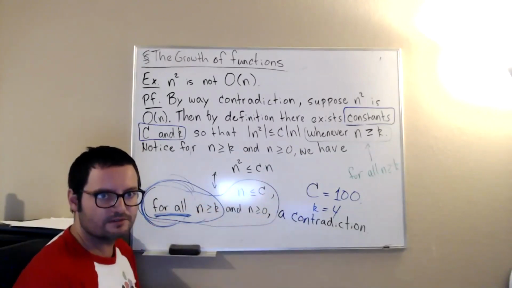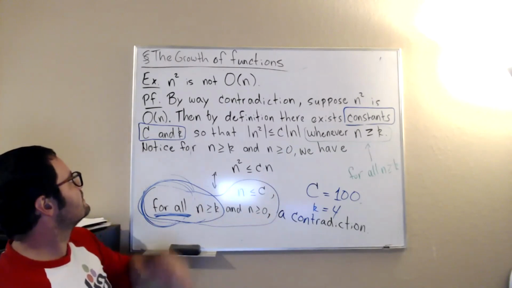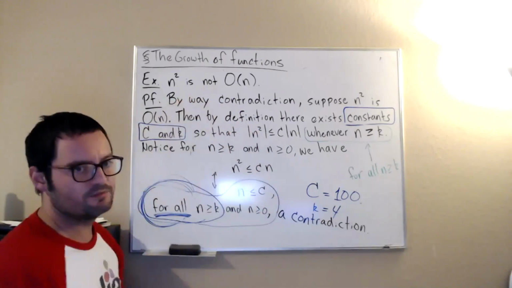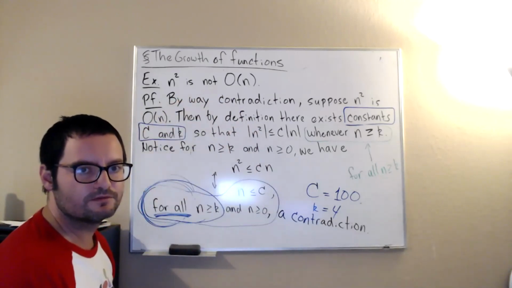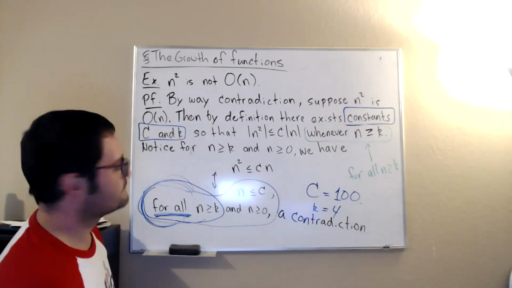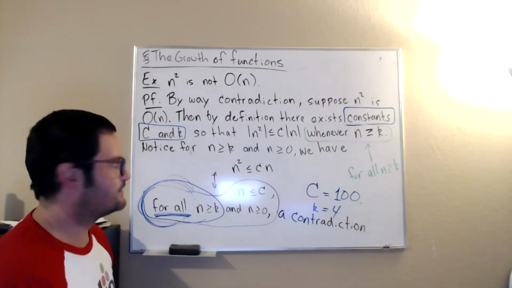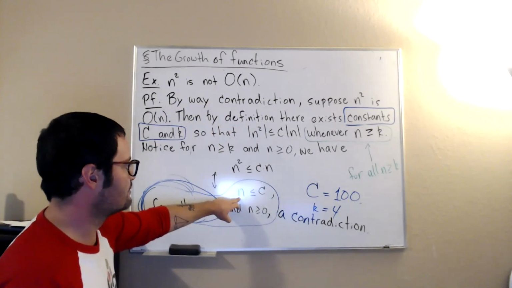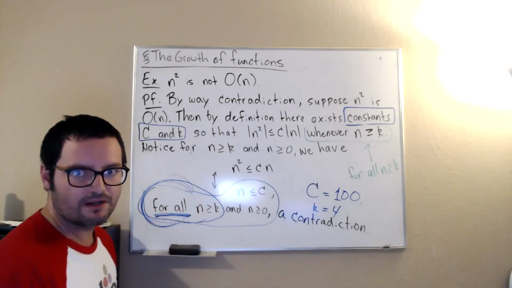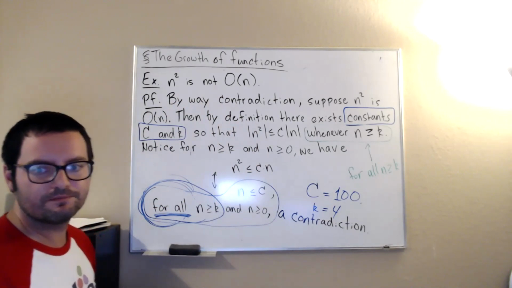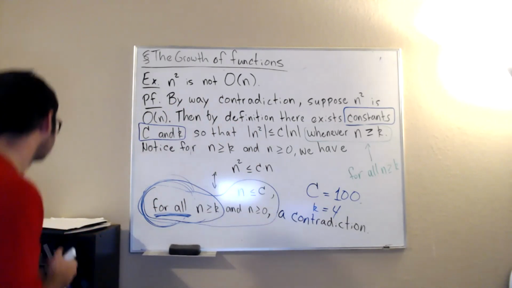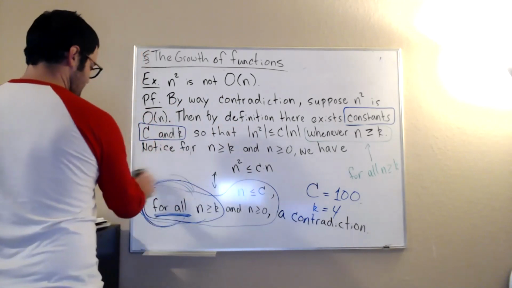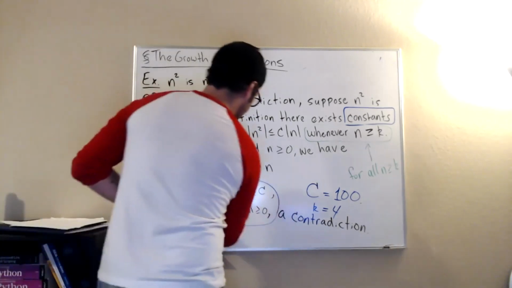That's a contradiction, which means that if we assume this to be true, we get something false. So the original statement must be true. And that's the idea behind showing that it's not big O: you get that a number that can grow without bound is bounded above by some constant, and that can't happen. Okay. All right. So that finishes the proof.